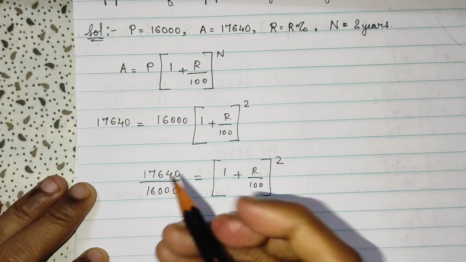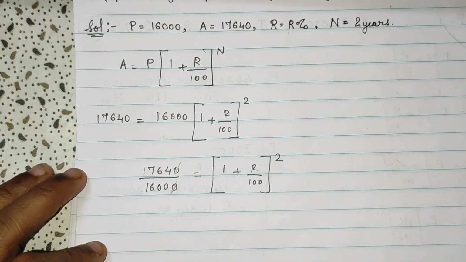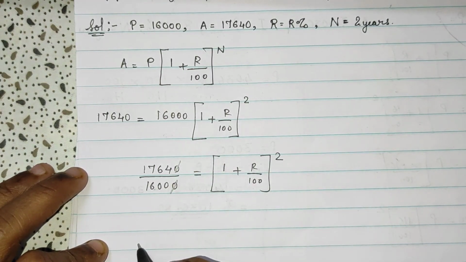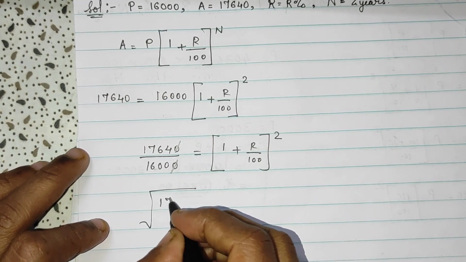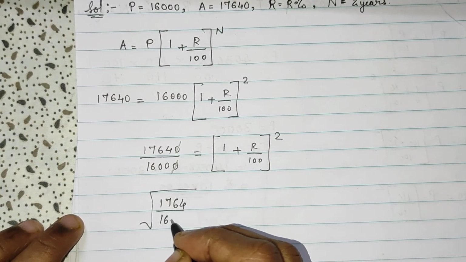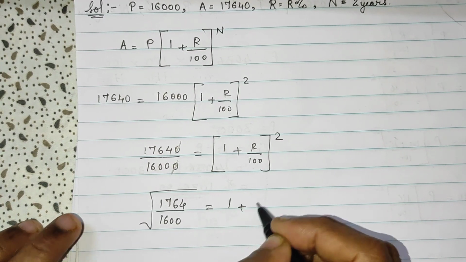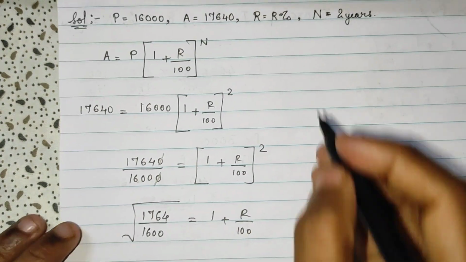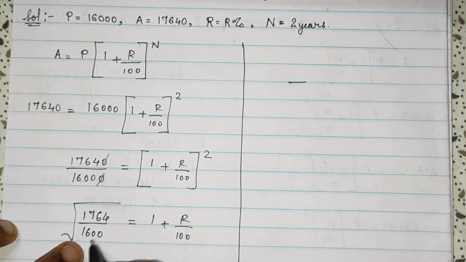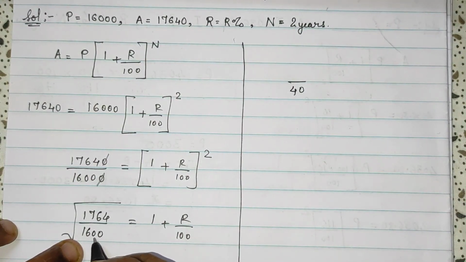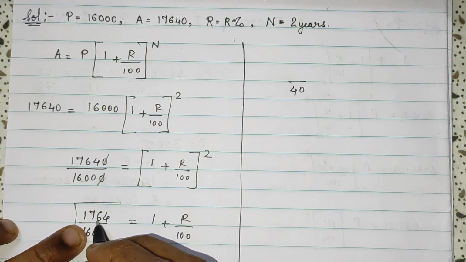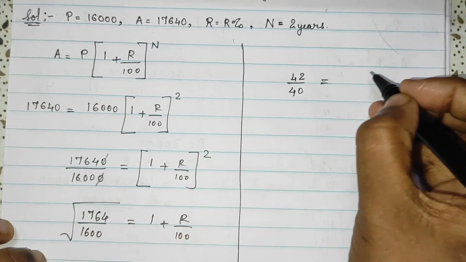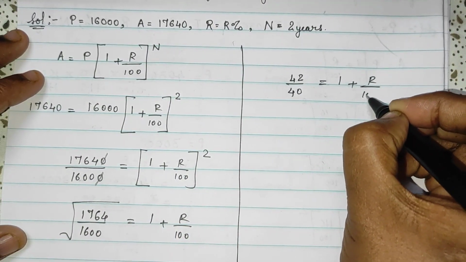So here if we do cancellation, 0 and 0 cancel, and this 2 will come over here and become a root. It will become root of 1764 upon 1600, equals 1 plus r upon 100. 1600 is root of 40, 4 4s are 16 and 0, and 1764 is root of 42, then 1 plus r upon 100.